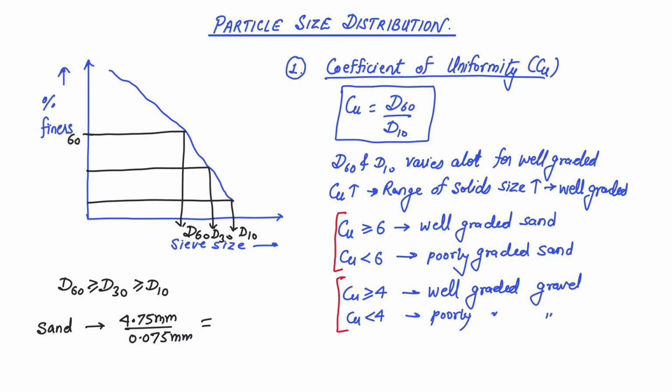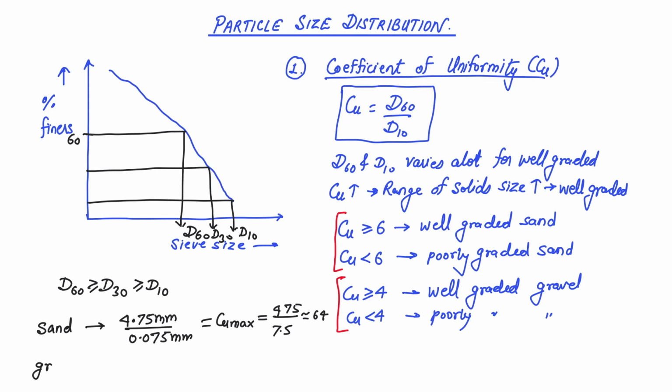So what is the maximum value of Cu that is possible for the sand? That will be calculated only if I put the maximum value of size in the numerator and the minimum value of size in the denominator. So this is the maximum Cu for the sand, yes or no? If you calculate that, it will be 475 divided by 7.5, which is around 63 or 64.